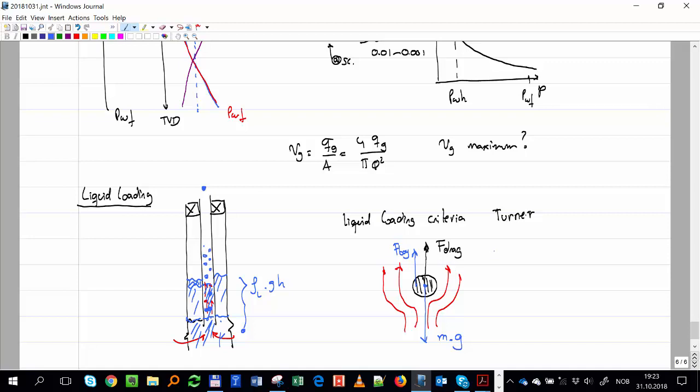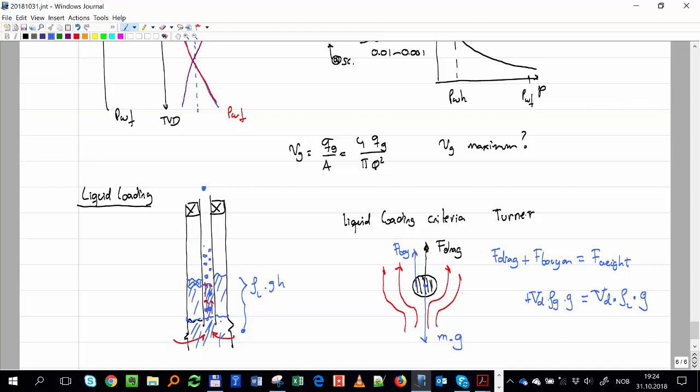Then he made a force balance between them. He said, if I say drag plus buoyancy, that should be equal to the weight of my droplet. Then he expressed each one separately. The weight is the volume of the droplet times the density of the liquid times g. The buoyancy force going up is again the volume of the droplet, but with the density of the gas times g.